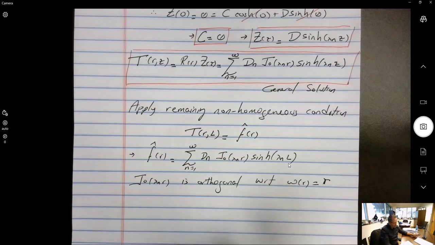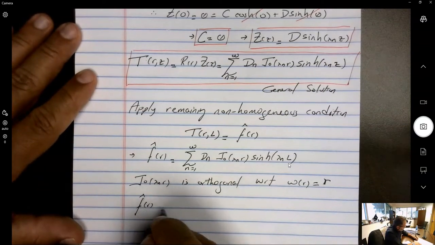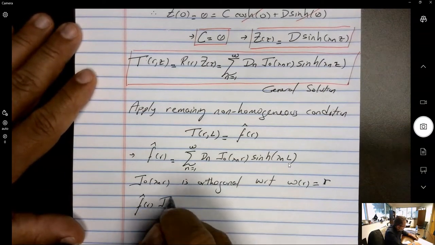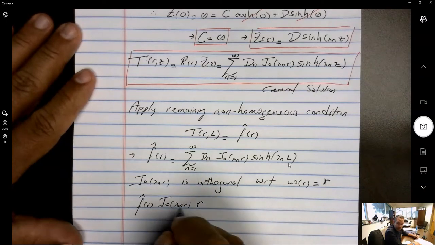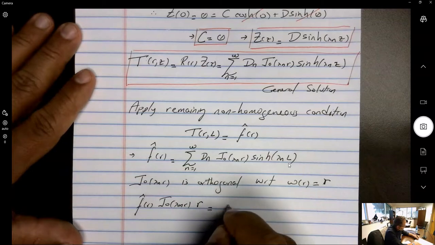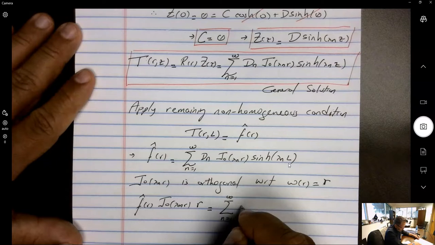That means that we have to multiply both sides not only by the eigenfunction at a different frequency, but also times r, so that when we integrate on the right-hand side, we take advantage of orthogonality.